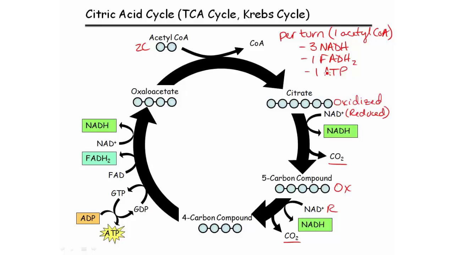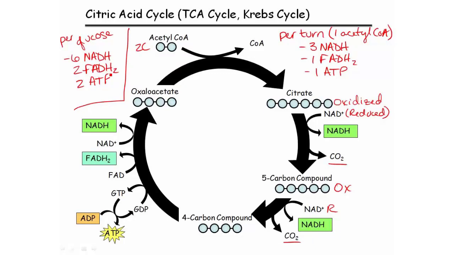Keep in mind that we will have 2 acetyl-CoAs per glucose that we started with. So if we talk about yields per glucose, we've got to multiply everything by 2. So per glucose, we will have 6 NADHs, and we will have 2 FADH2s, and we will have 2 ATPs.